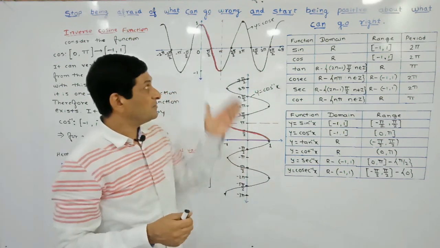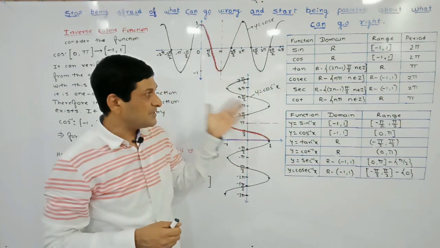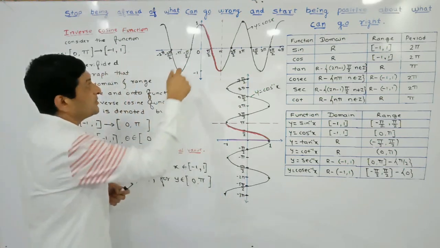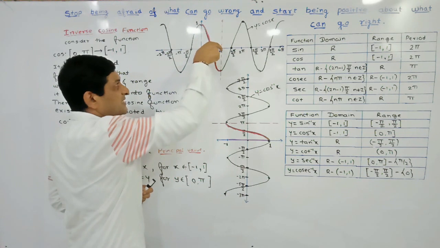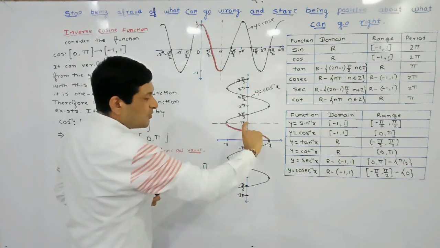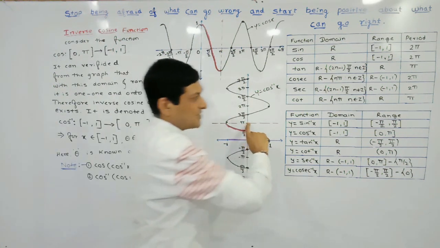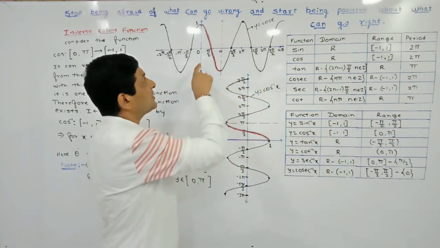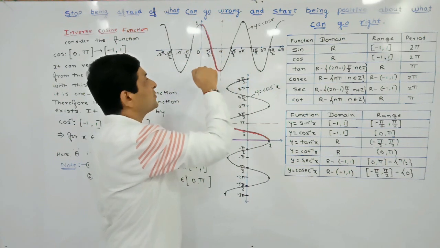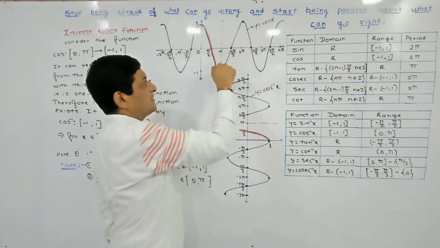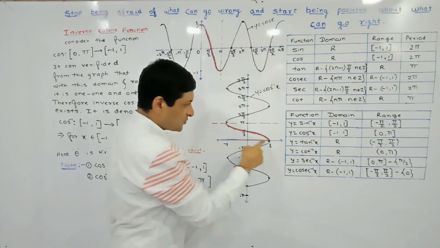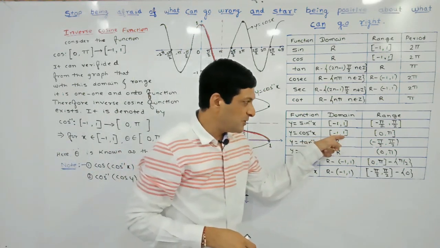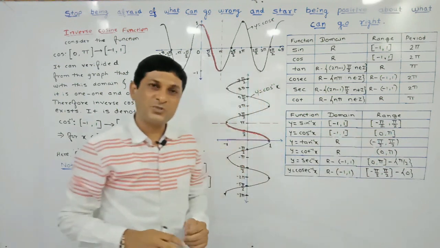Now here this is the graph of cos, and this is the graph of cos inverse. If you observe the graph, the domain set here is 0 to pi, and it becomes the range set of the inverse, 0 to pi. Here the range is minus 1 to plus 1, and minus 1 to plus 1 becomes the domain, and the range becomes 0 to pi.